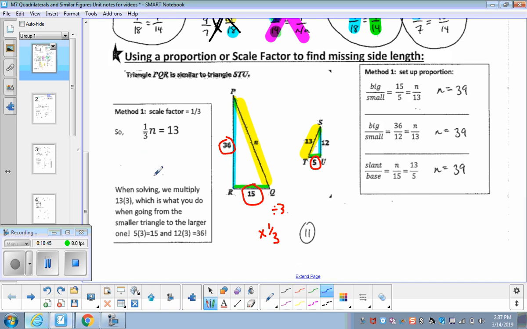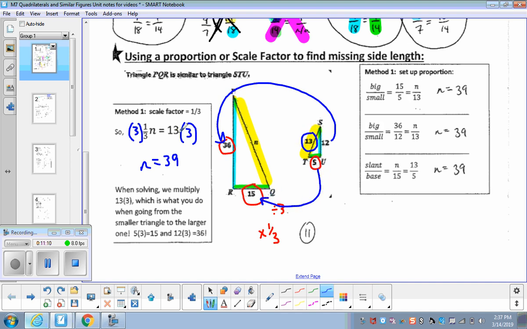Now over here, when solving this, think back to what you guys would do. You'd just times it by 3 and times it by 3. And what that does is tell you that the n has to be 39. So in blue, we're going from the smaller triangle to the bigger one: 12 times 3 gives me this 36, 5 times 3 gives me the 15, and now 13 times the 3, when we solve it, proves it had to be a 39.